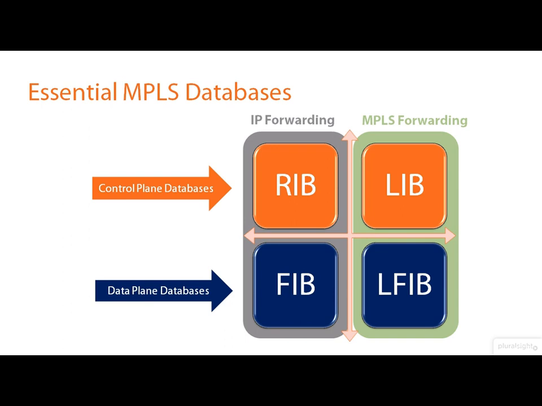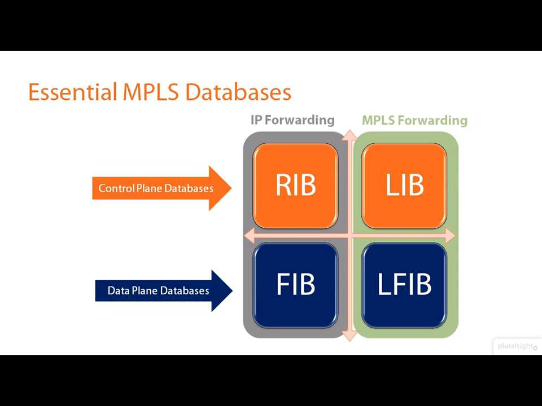Okay, and that's going to show us all the locally generated prefix to label bindings and the ones that we learned through LDP. Okay, now it is possible to also learn about labels through BGP. We're not really going to get into that in this class. Another one is RSVP. But really we're going to focus mostly on LDP.